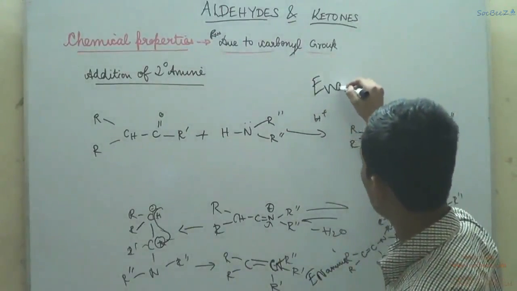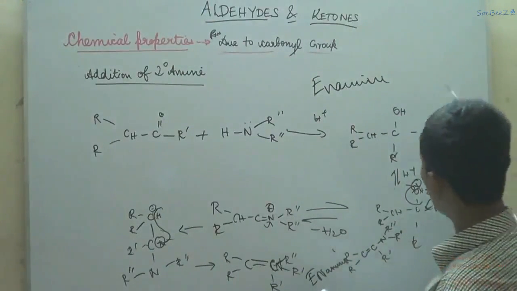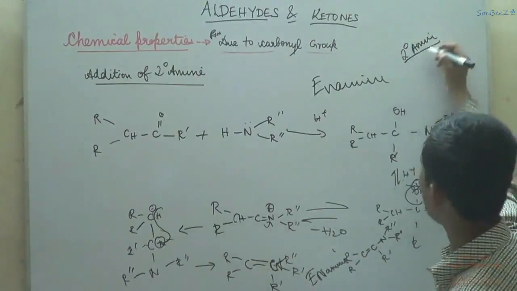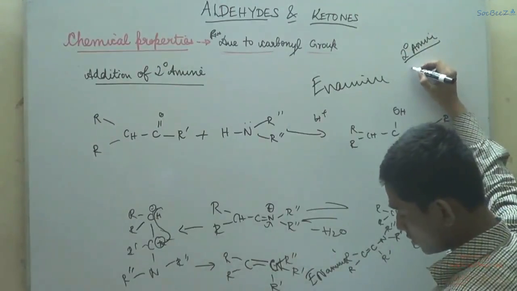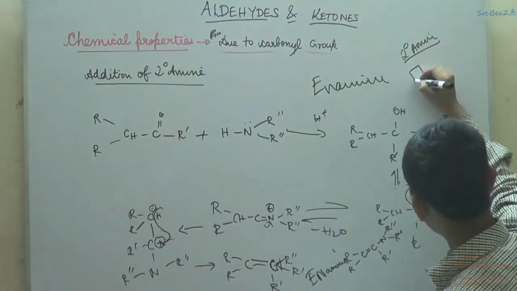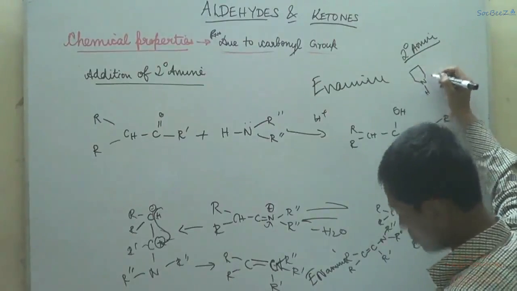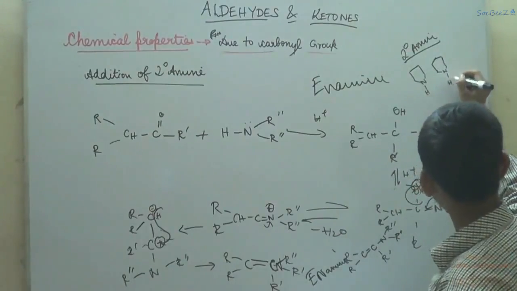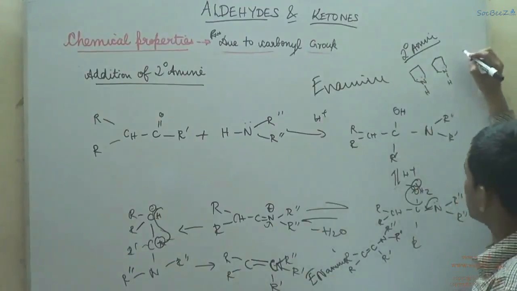So you will get an enamine as the product. The most commonly used secondary amines for enamine preparation are piperidine. Basically this is a secondary amine, it should have this lone pair which is initiating the reaction.